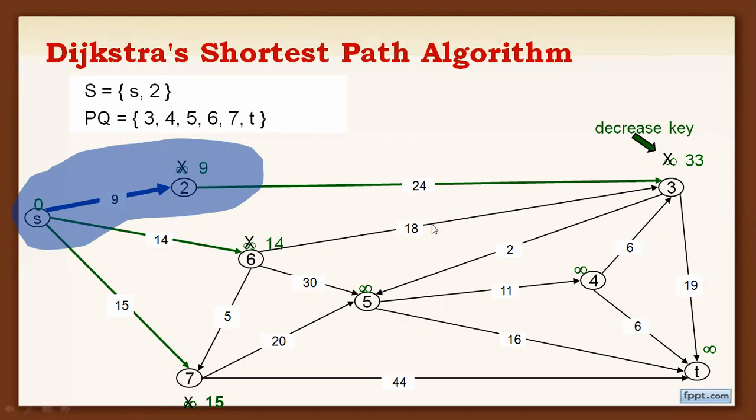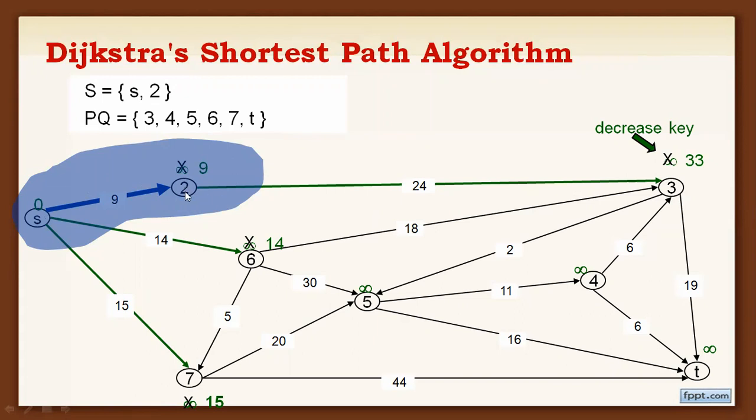If you want to find the shortest route from vertex 2 to vertex 3, there is a direct path from vertex 2 to vertex 3. But if you want to find the shortest route from vertex S to vertex 3, there is no direct path. To vertex 2, it is possible.